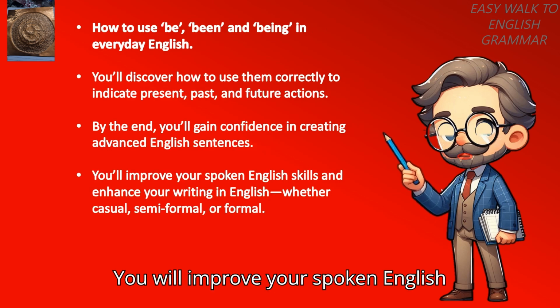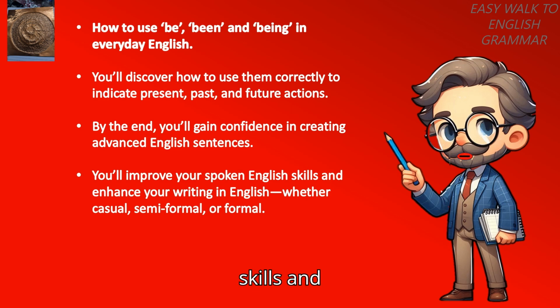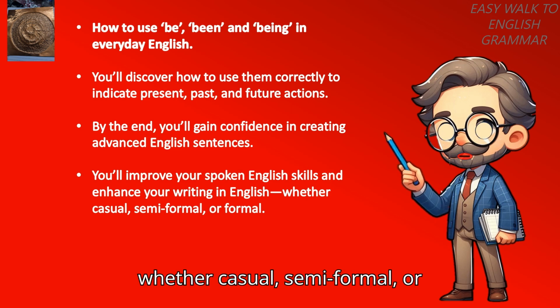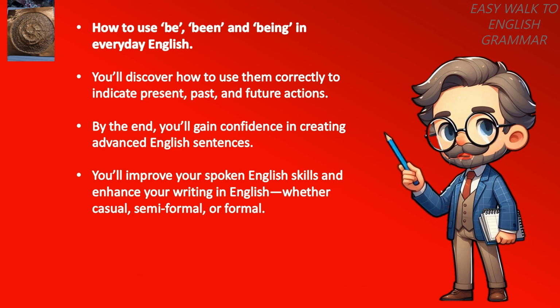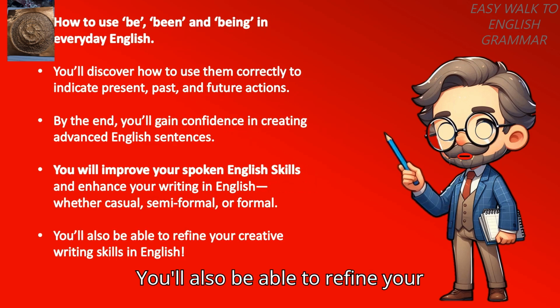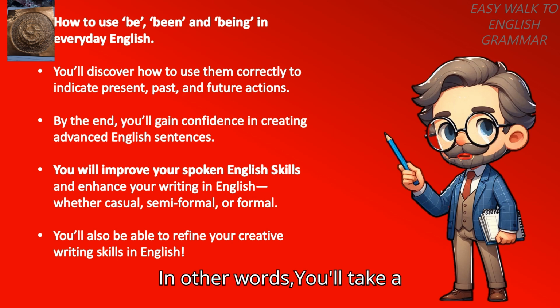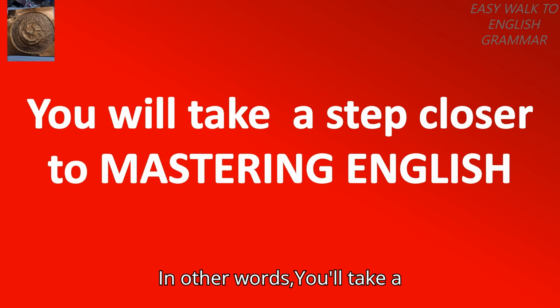You will improve your spoken English skills and enhance your writing in English, whether casual, semi-formal, or formal. You'll also be able to refine your creative writing skills in English. In other words, you'll take a step closer to mastering English.